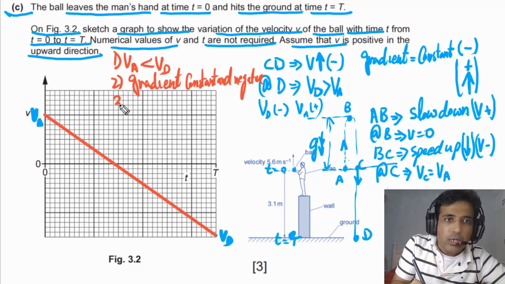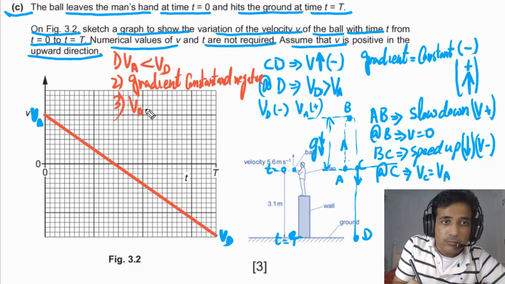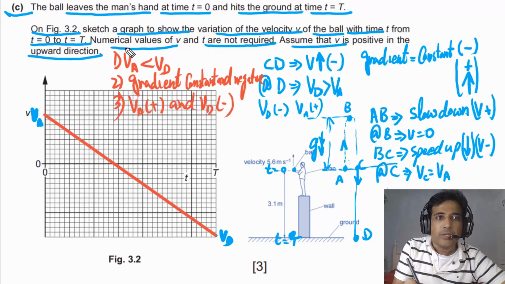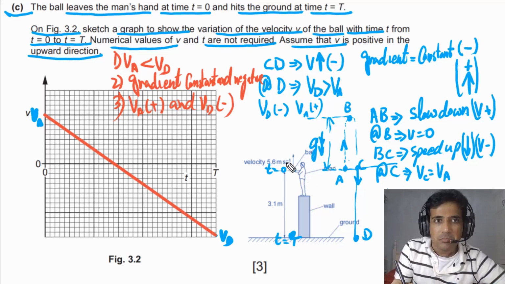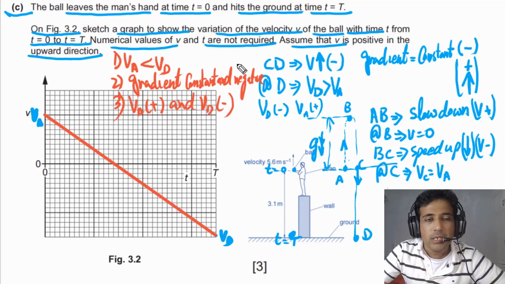You also need to show in your sketch that VA, the initial velocity, is positive and the final velocity VD is negative. If you follow these 3 points, you will get 3 marks. So this is how marks will be awarded. I hope this part is clear to you.